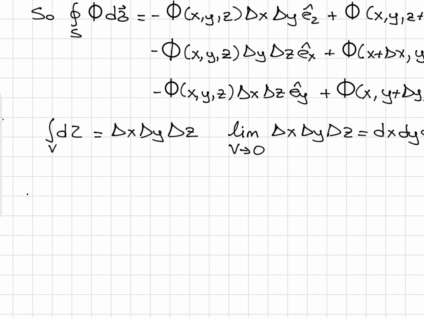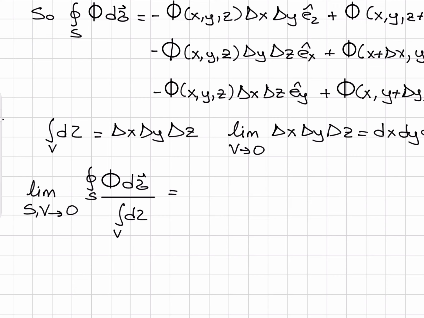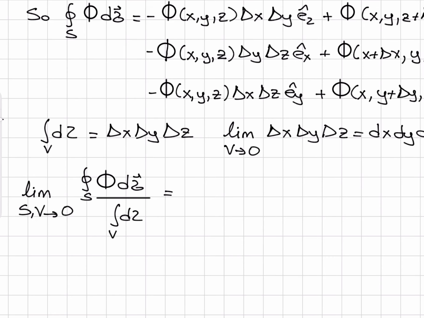The limit as s and v go to 0, the closed surface integral phi d sigma divided by the volume integral d tau is equal to the first term, phi.